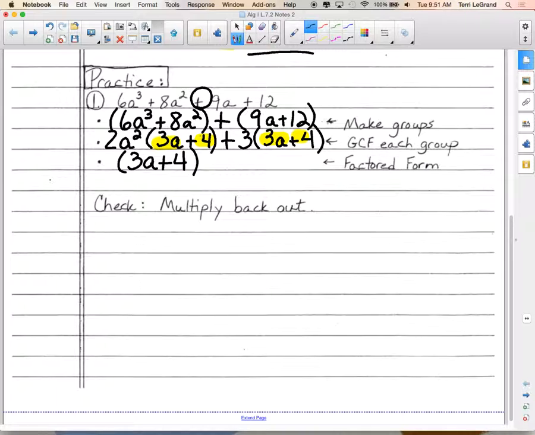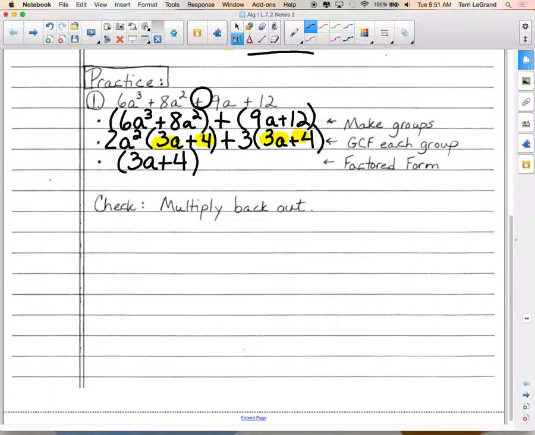So today, instead of in the end having a monomial GCF, you will have a binomial GCF. Because remember, a binomial times a binomial typically gives us either a trinomial or a four-term polynomial. I guess it can give us a binomial or a trinomial or a four-term polynomial. And then what would our other factor be? Now we don't bring this plus sign down.